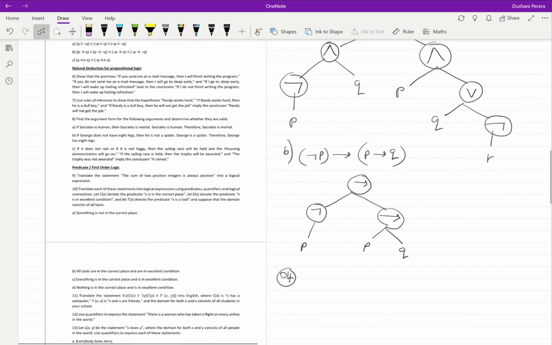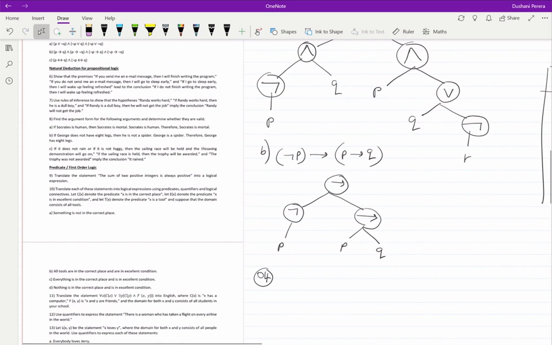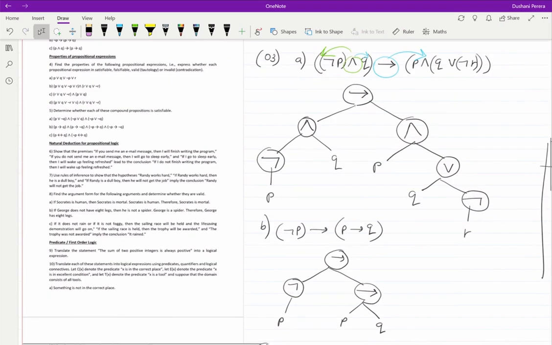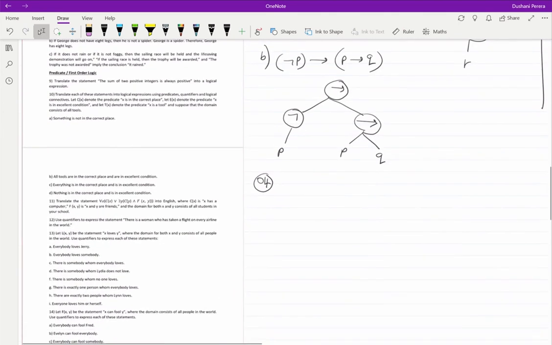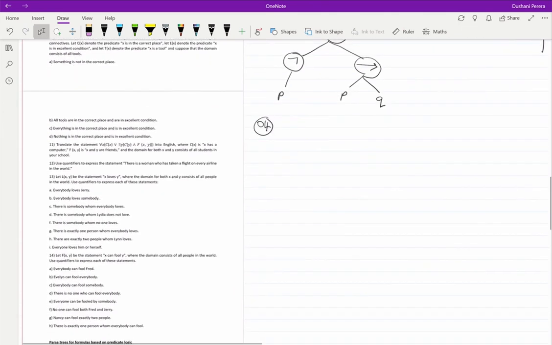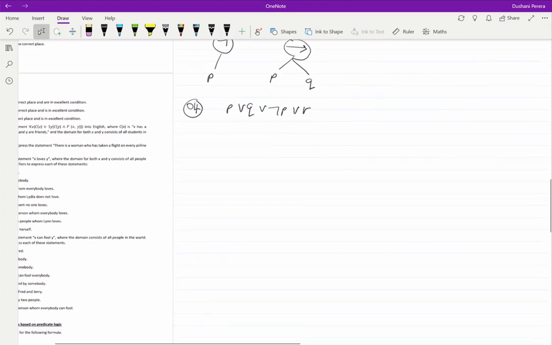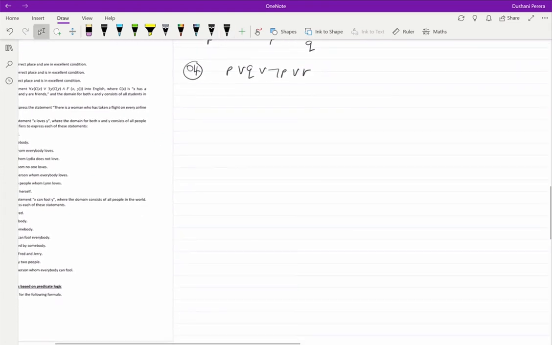Keeping that in mind, let's go to question number 4, part A. Part A is P implies Q or negation P implies R. Okay. P implies Q or negation P implies R. Alright, let's draw the truth table for this and see what we get.